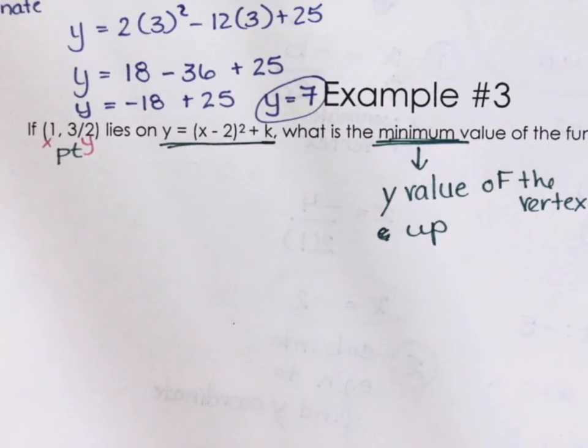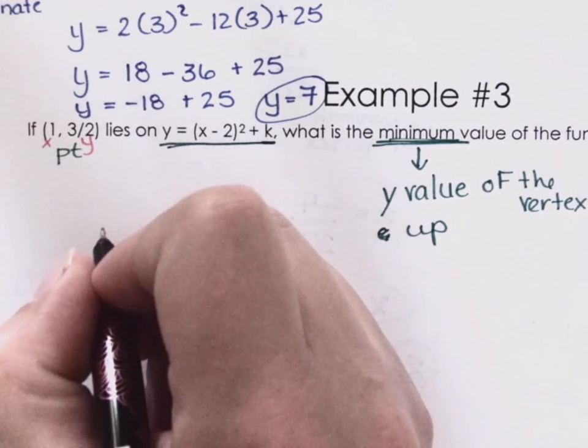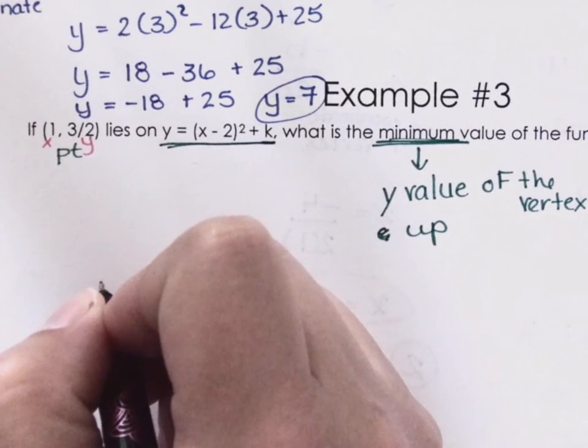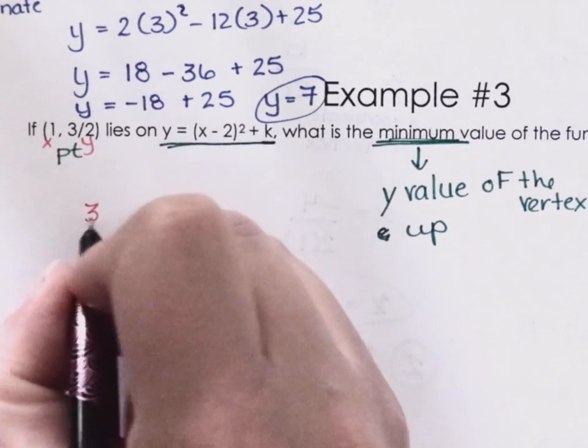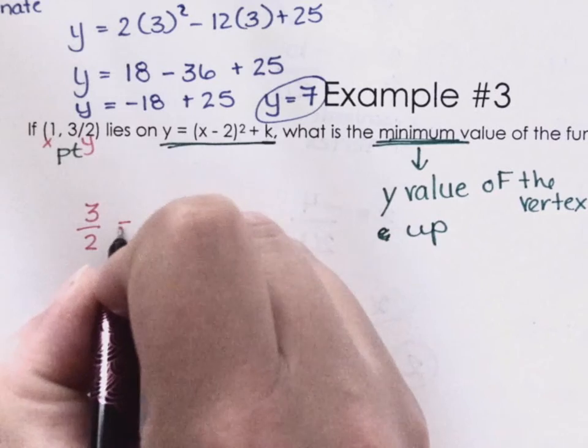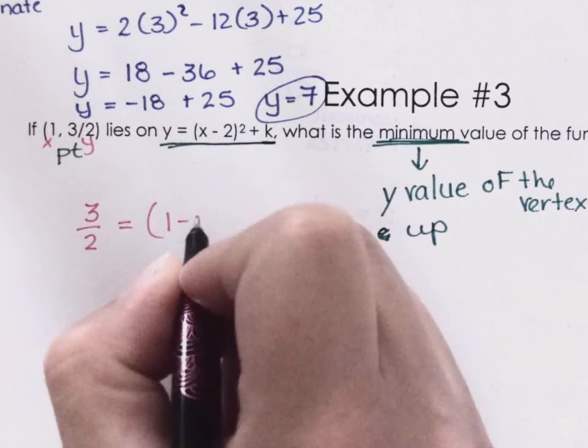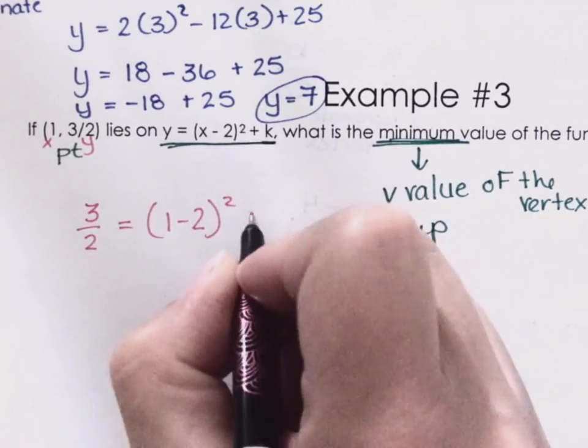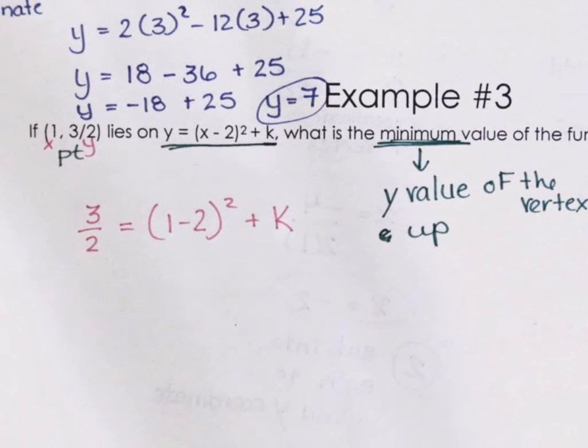So you guys know 3 over 2 is 1.5. Do you guys want fractions or do you want decimals? Fractions? I love it. So do you see how the only letter I have left to solve for is K?